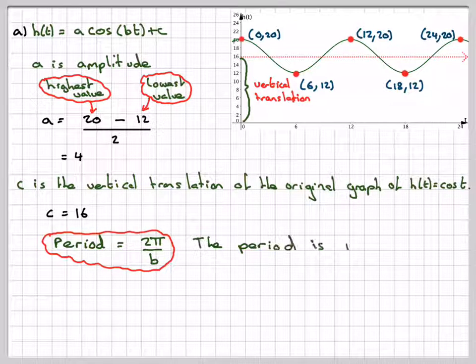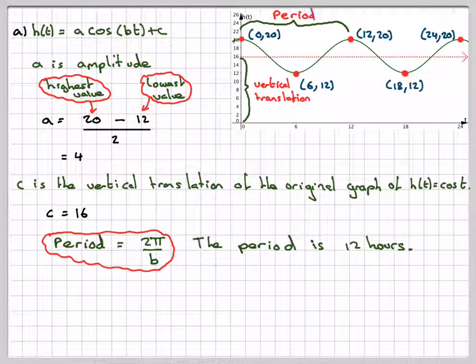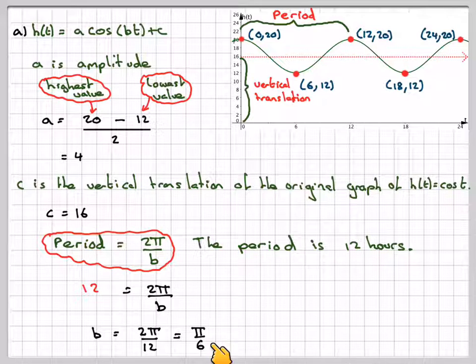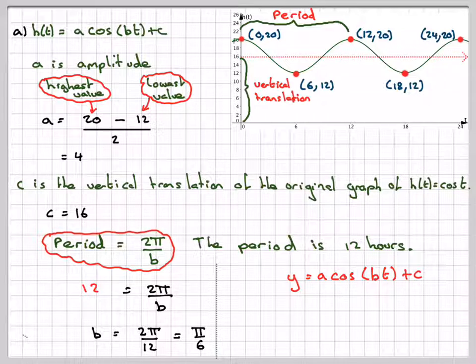So we put 12 is equal to 2 pi divided by b. Rearranging that, we get b is 2 pi over 12, which is pi over 6. So my graph is h(t) = a cos bt + c. a is 4, c is 16, and b is pi over 6.